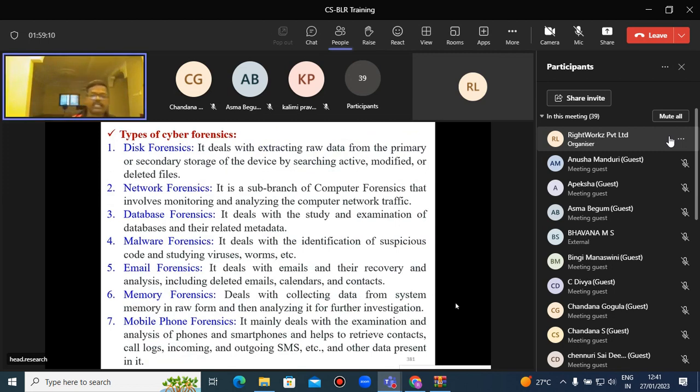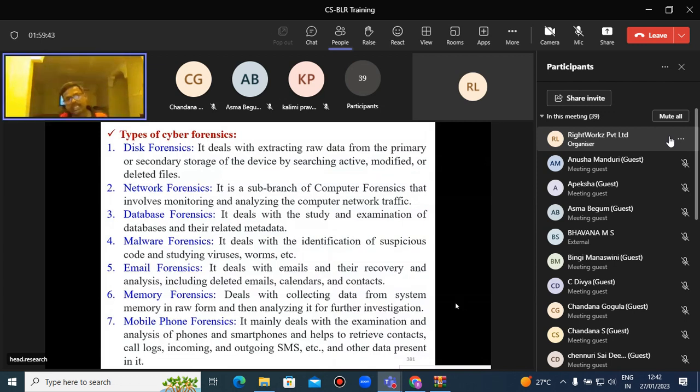What is meant by disk forensics? It deals with extracting raw data from the primary or secondary storage of the device by searching active, modified or deleted files. Then network forensics is a sub-branch of computer forensics that involves monitoring and analyzing computer network traffic.